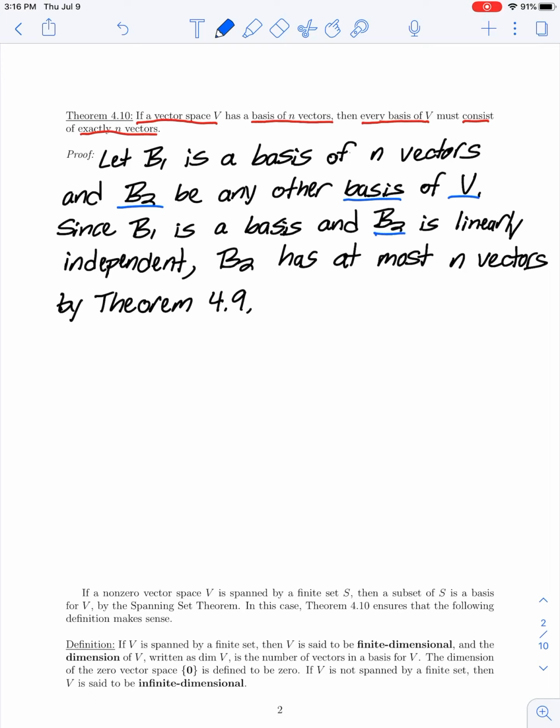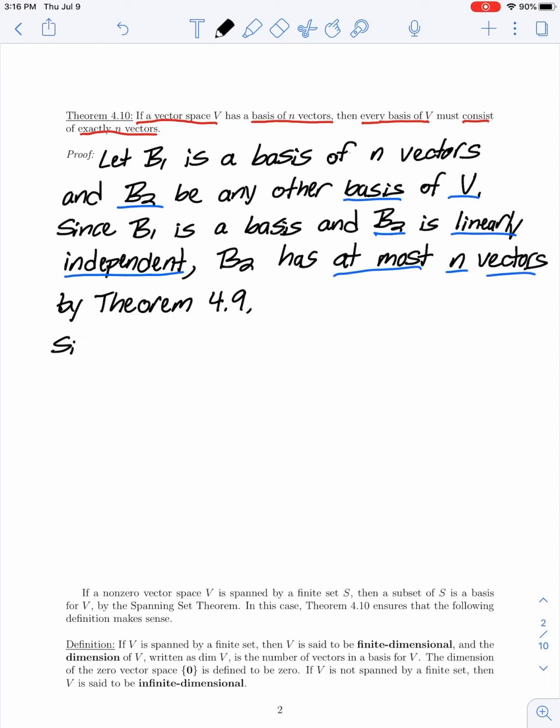So since B2 is a set of linearly independent vectors, theorem 4.9 guarantees us that B2 has at most n vectors. So we've shown that there are at most n vectors. Now we need to still establish that there are exactly n vectors in this second basis B2. So let's see that there are exactly n.